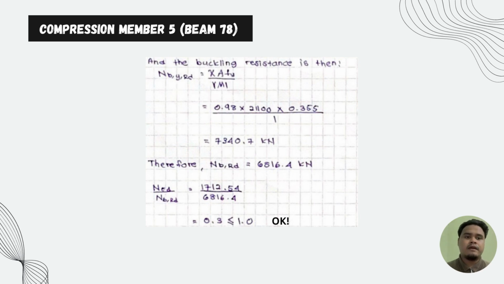So the NBYRD is 7,340. Thus, we choose NBRD as 6,816.4 kilonewton because for NBRD we must choose the lesser one. And then we do the checking, and NED per NBRD we got is less than 1, which means the design is okay.